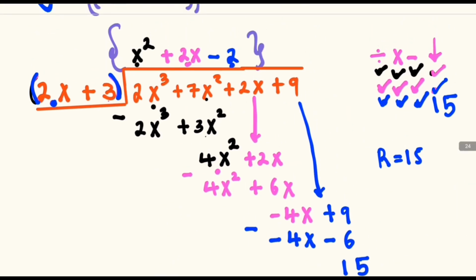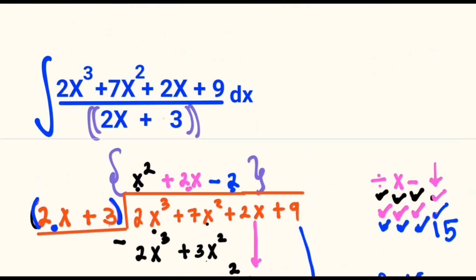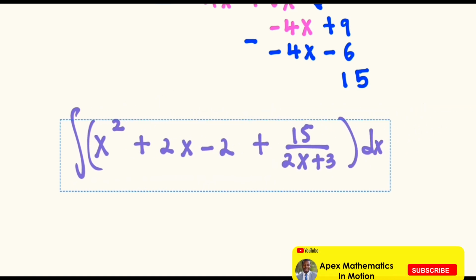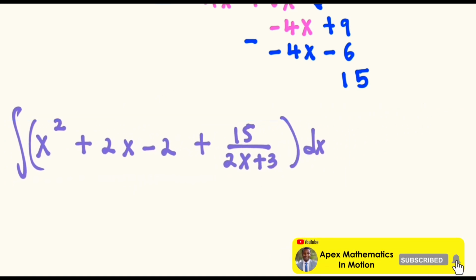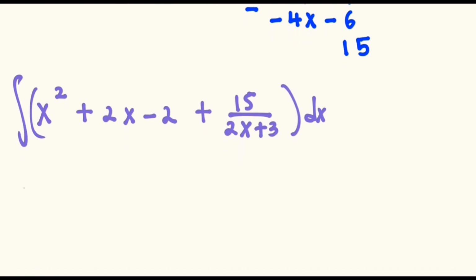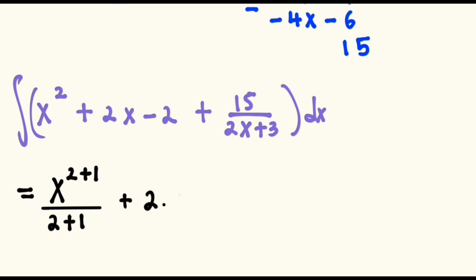So integrating the 2x cubed plus the 7x squared plus 2x plus 9 divided by the 2x plus 3 will be the same as integrating the x squared plus 2x minus 2 plus 15 divided by the 2x plus 3. The integral of the x squared will be equal to x to the power 2 plus 1 divided by the 2 plus 1, plus the integral of 2x will be equal to 2 multiplied by x raised to the power 1 plus 1.